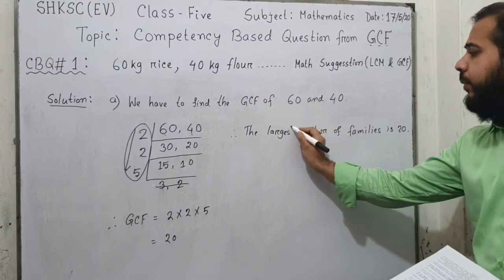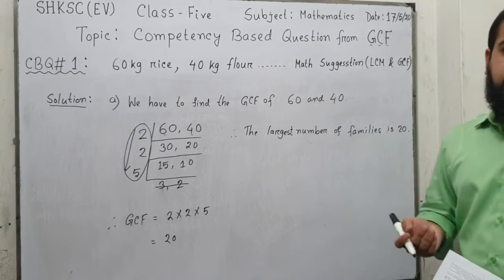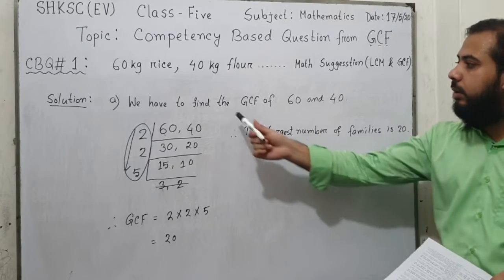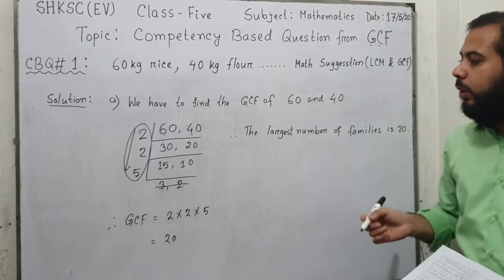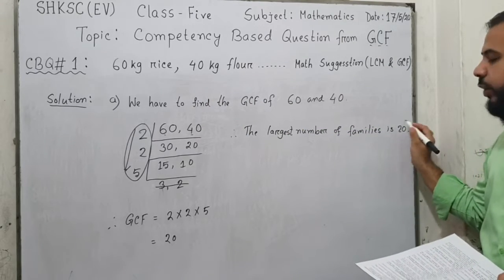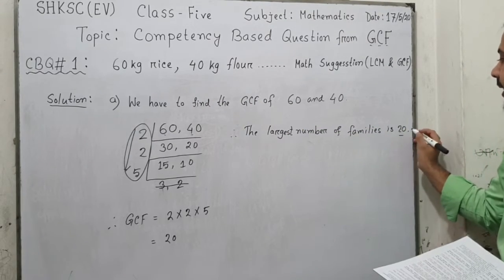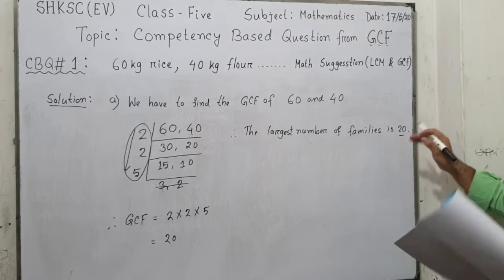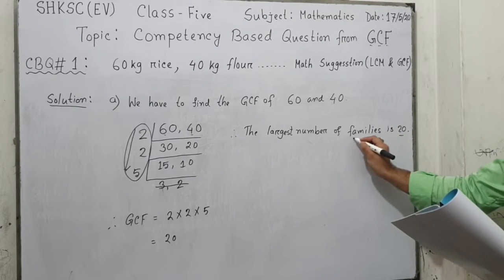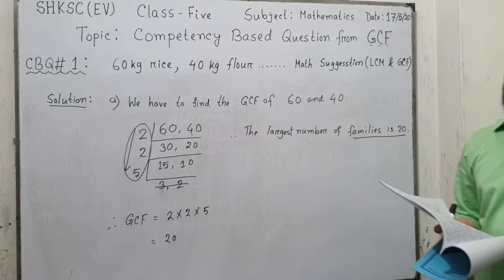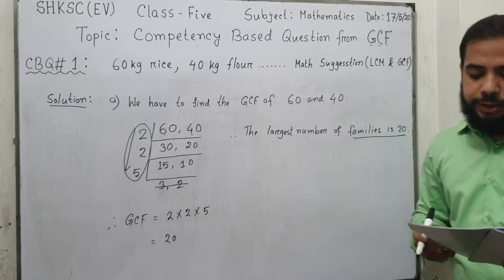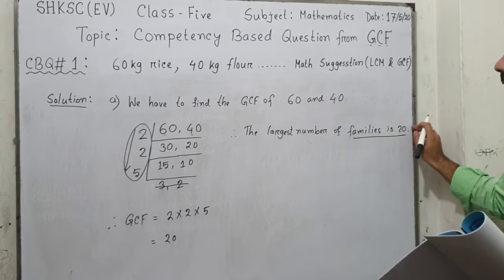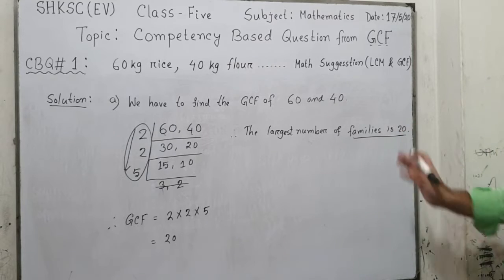That is, among 20 families we can provide this rice and flour, maximum 20 families, not 20 kg. Here the unit is the number of families. The number of families never becomes kg, so we cannot write the unit kg here. So be careful with that.